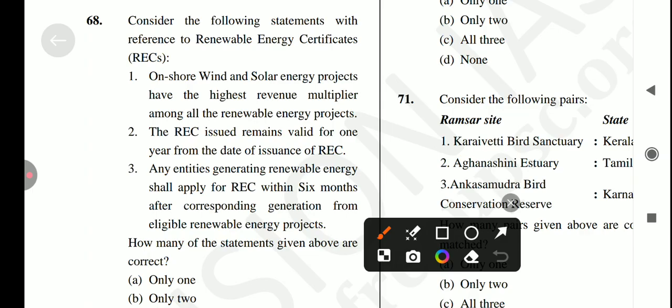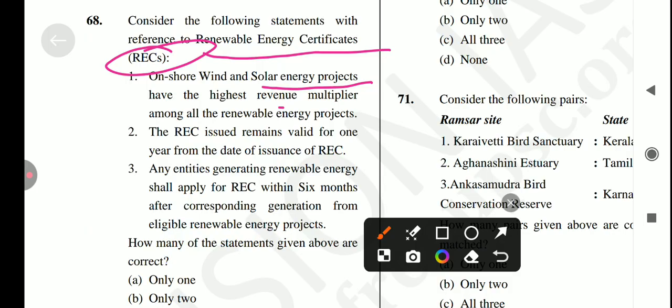Okay, let's come to the next question, which is: consider the following statements with reference to renewable energy certification. So first statement is onshore wind and solar energy projects have the highest revenue multiplier among all the renewable energy projects. Is it true?